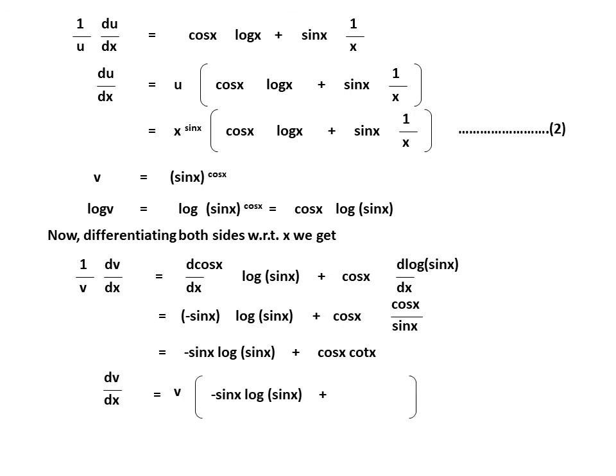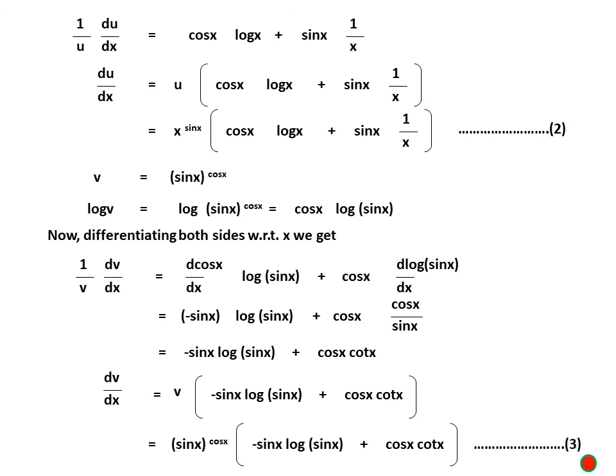Therefore dv by dx equal to v into minus sin x log sin x plus cos x cot x. Replacing v, what is v? Sin x to the power cos x into bracket minus sin x log sin x plus cos x cot x. Now this is equation 3.